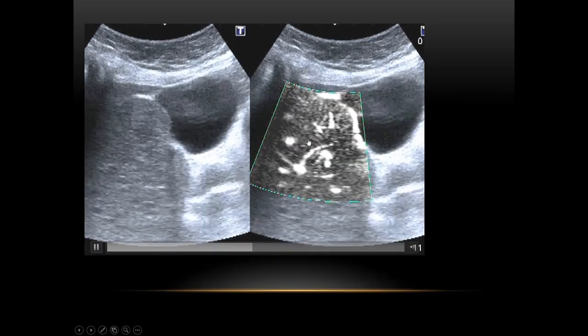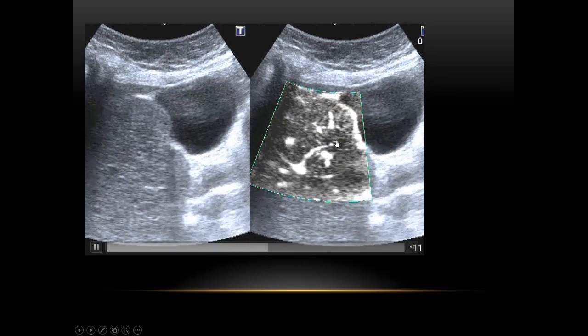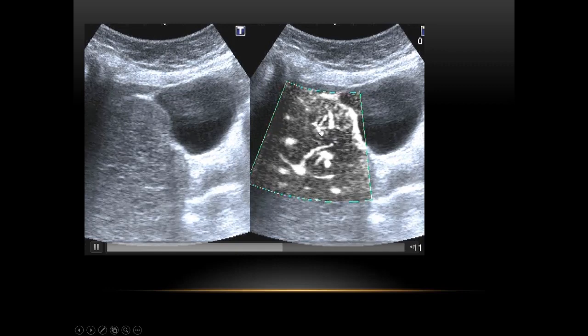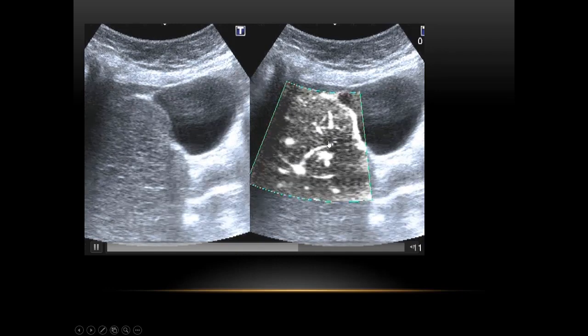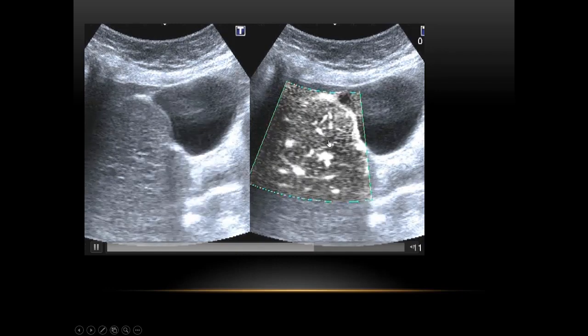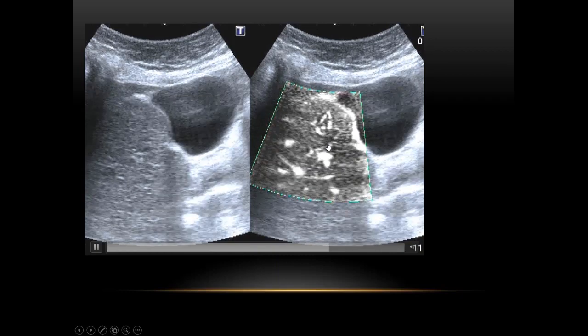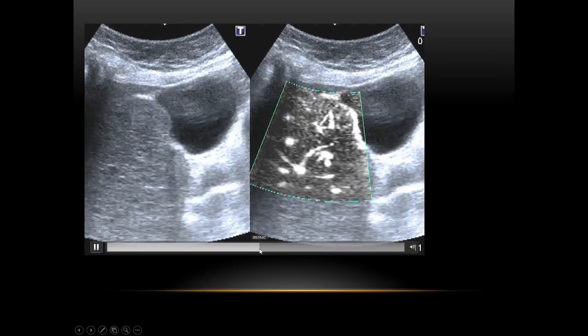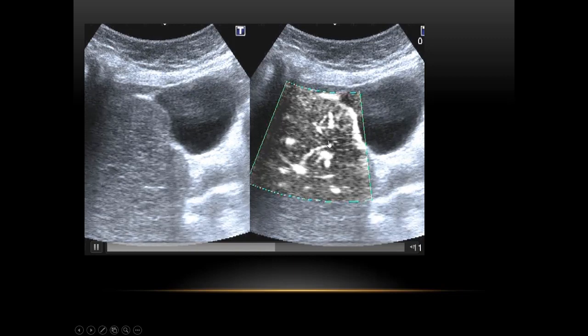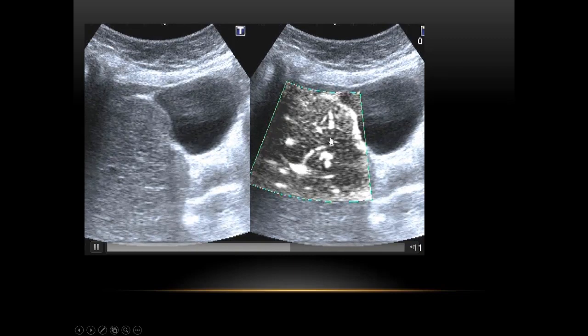I have to focus on this area here. This is a true nodule because there's rim vascularity, and inside there's vascularity as well. See again, here there's some vascularity, moving blood here.